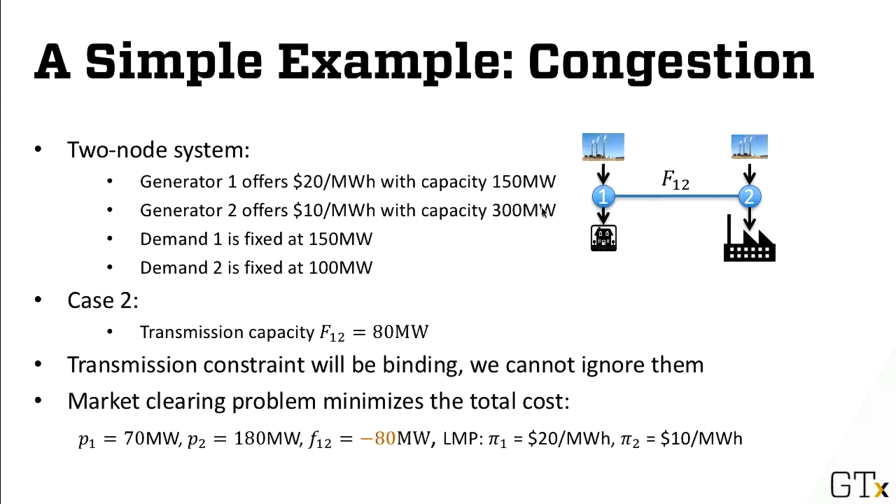Okay, well, node 1. At node 1, if node 1's load increases from the level of 150 a little bit, then because this transmission line is congested, we cannot deliver cheap energy from 2 to 1 anymore. We have to use the more expensive generator 1 here at a cost of 20. So that's why the locational marginal price at load 1 is actually $20 per unit of energy.